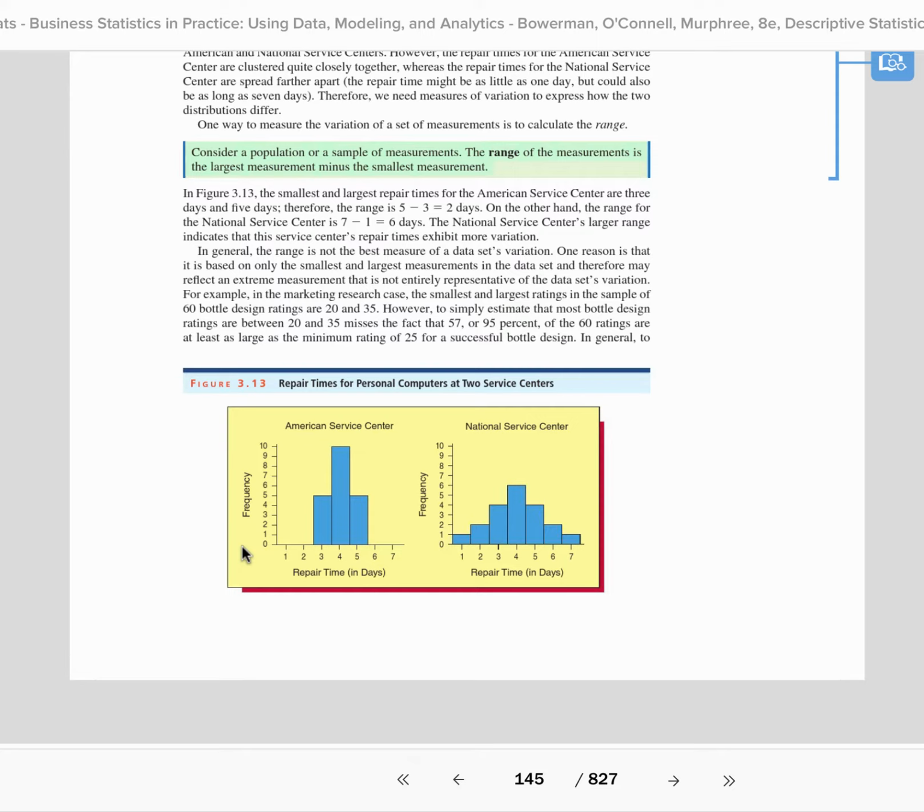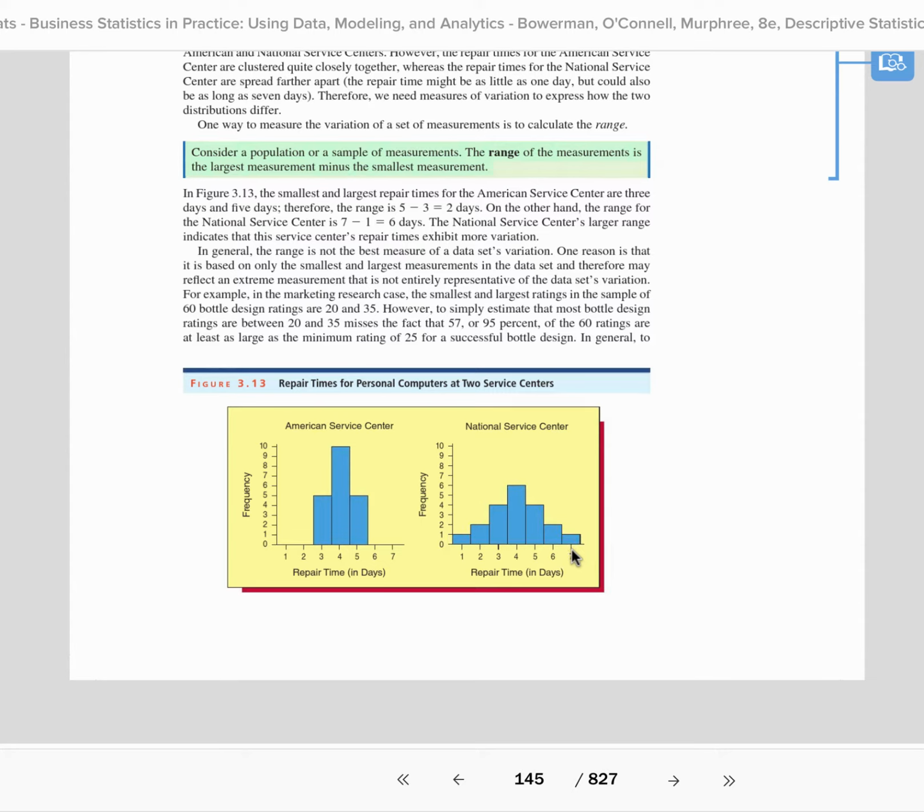So, as you can see on the x-axis, the repair time, the first center will take between 3 to 6 days to repair, or 5 days to repair any computer equipment. However, the second one will take from 1 day to 7 days.